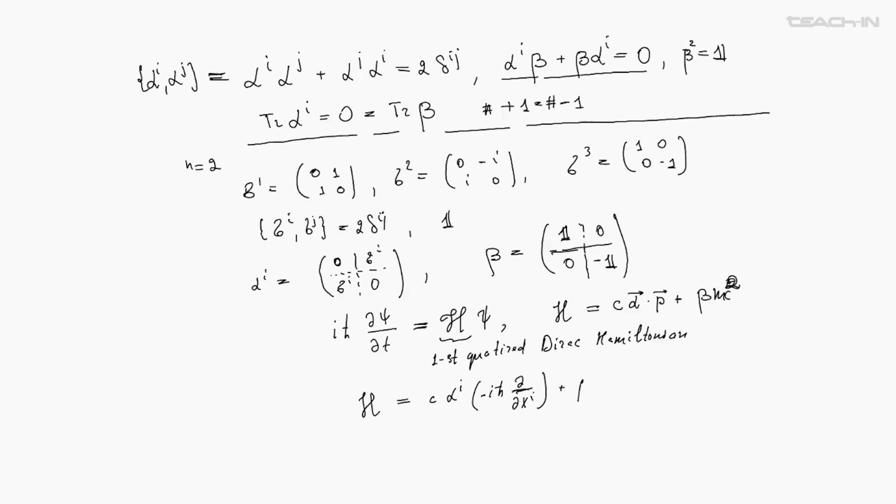So this is a matrix differential operator acting on a 4-component vector psi. I don't actually want to use the word vector. I will call it a multi-component wave function, or simply a column: psi 1, psi 2, psi 3, psi 4.